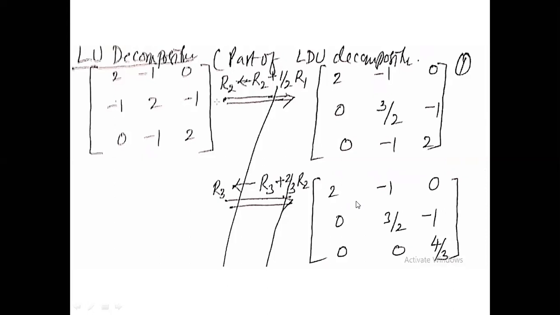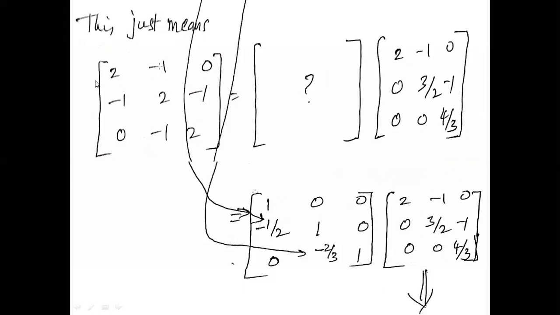Right? So what does this mean? This means that the given matrix A can be written as a factor of this upper triangular matrix into some other matrix.